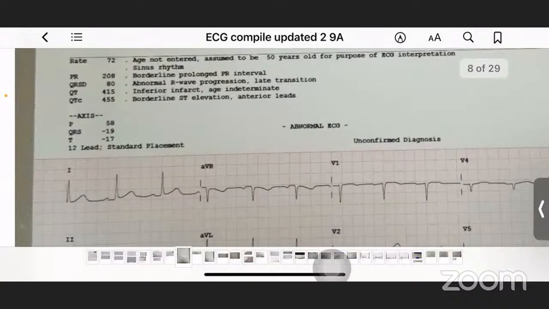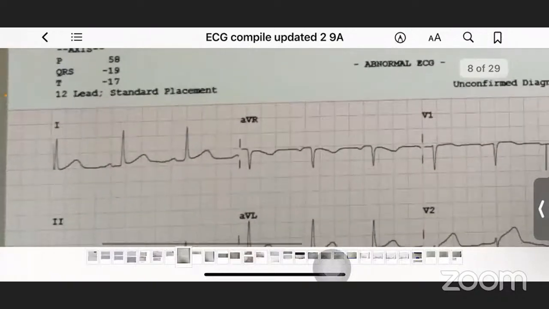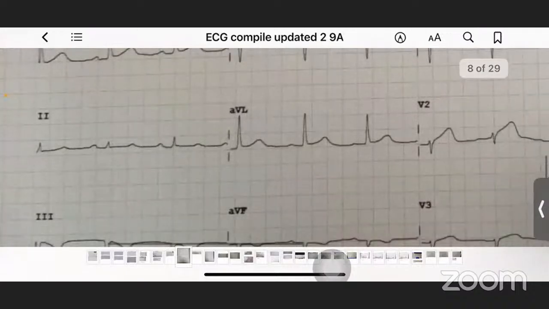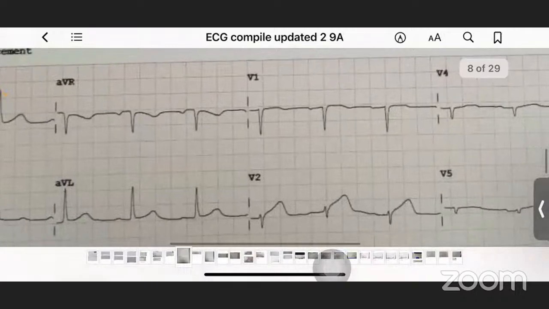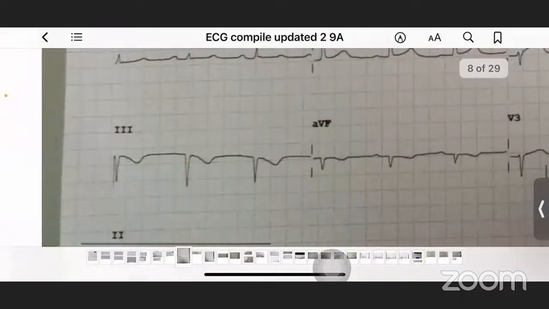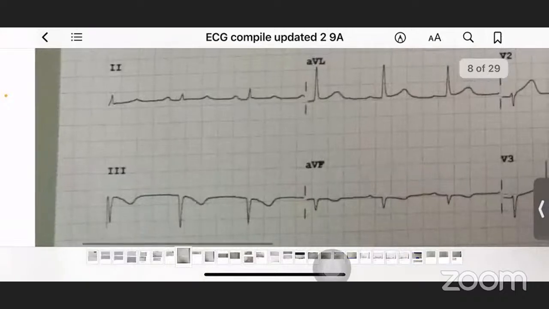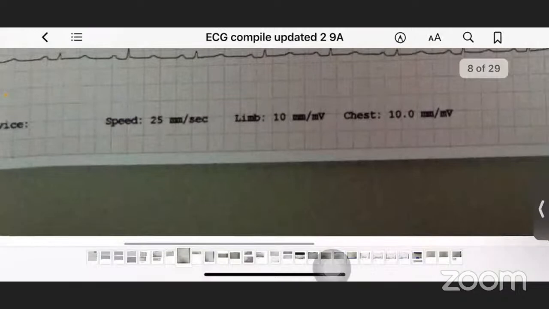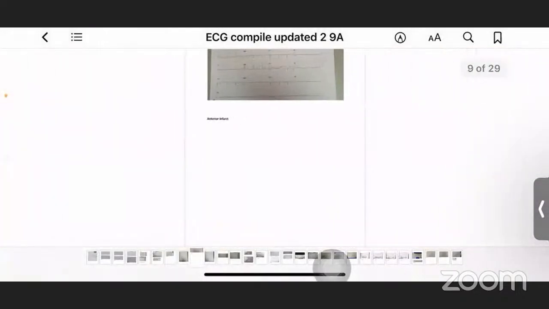So this one you repeat, and now you see very clear ST elevation in lead 1, aVL, V2, V3, V4, and ST elevation in lead 2. aVL was not seen clearly.